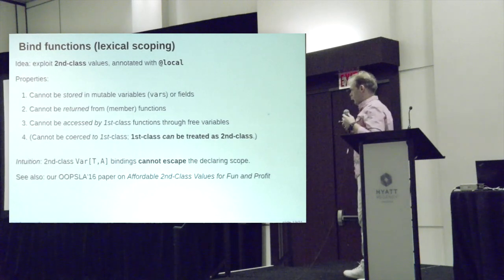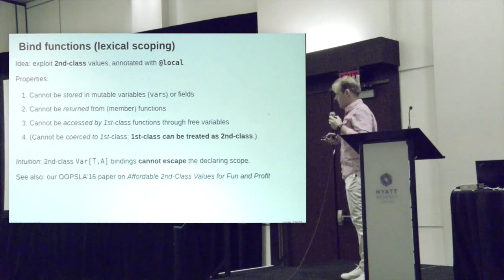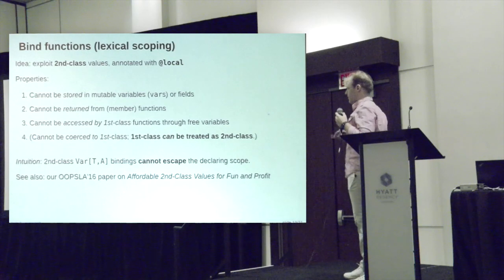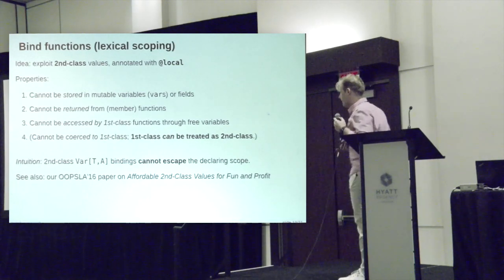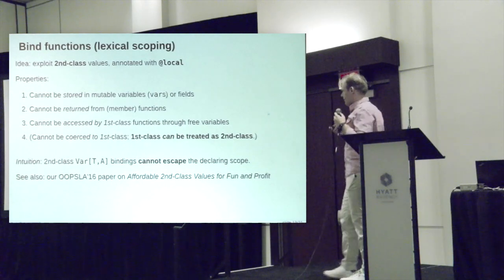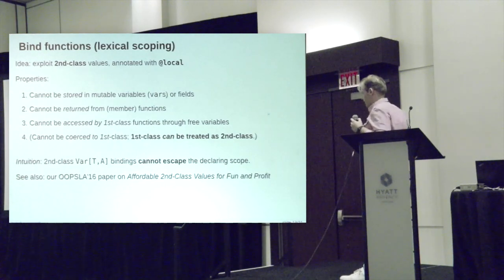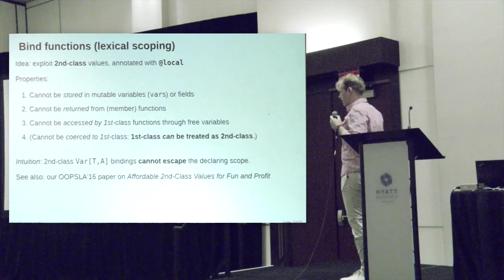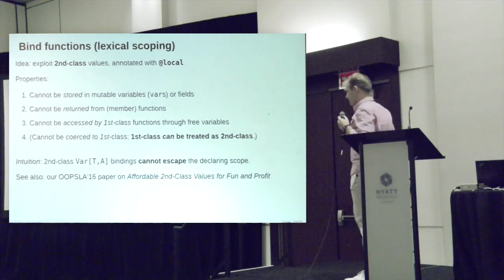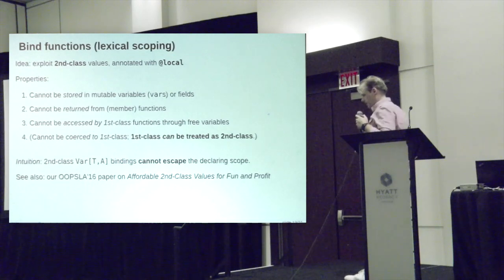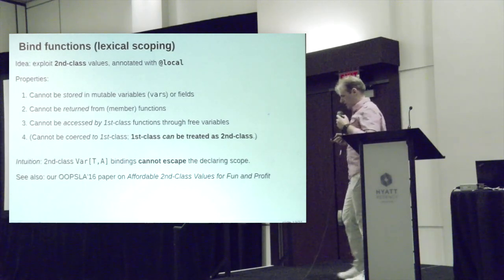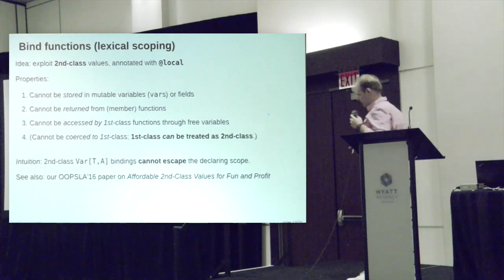And also, since they are more restrictive, you cannot coerce them to first class, while you could coerce first class to second class. So from these properties, it's obvious that if we make those variable wrappers second class, then we'll enforce their lexical scoping.